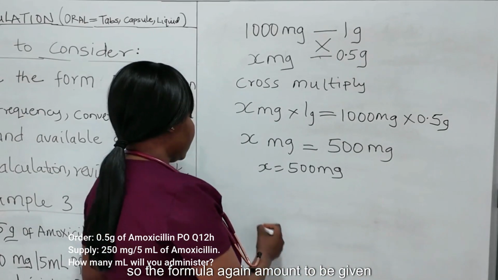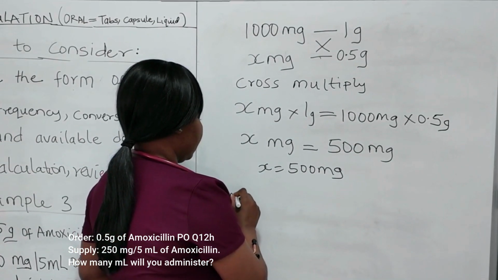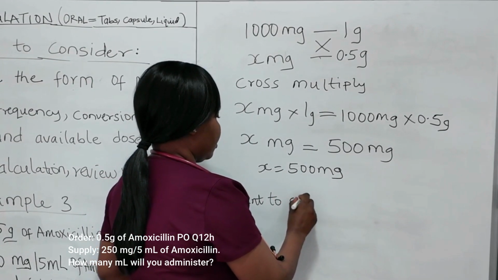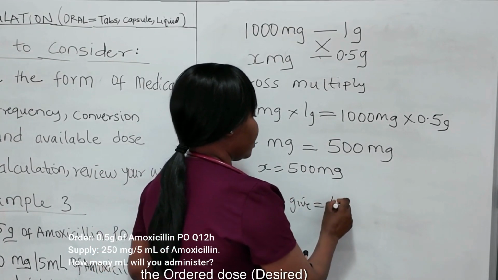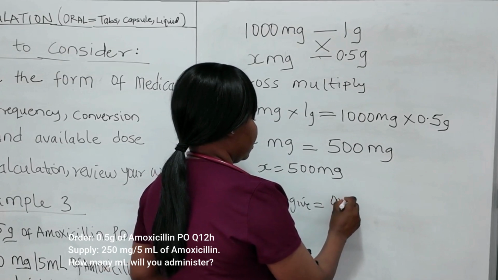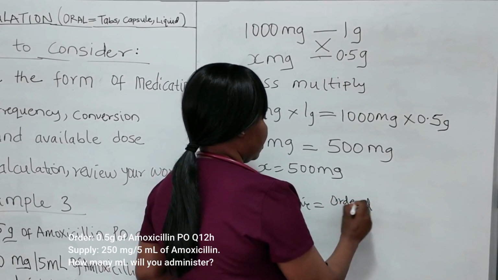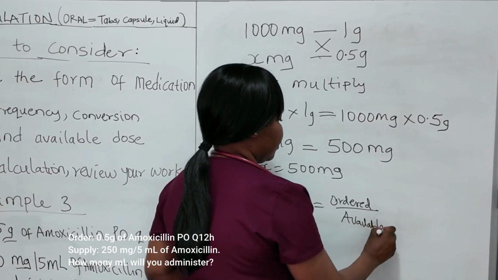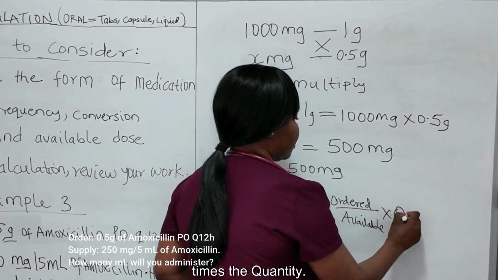So the formula again: amount to be given equals the ordered dose divided by the available or the supply, times the quantity.